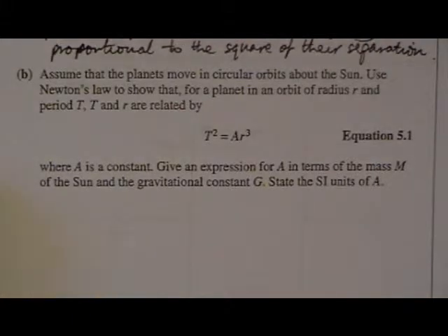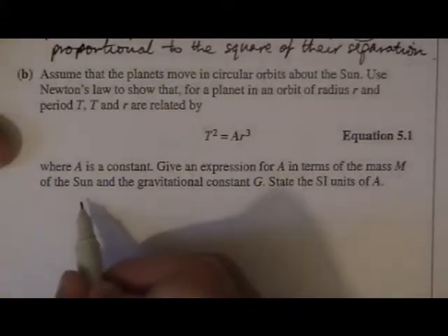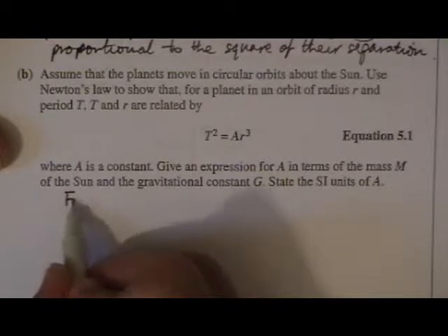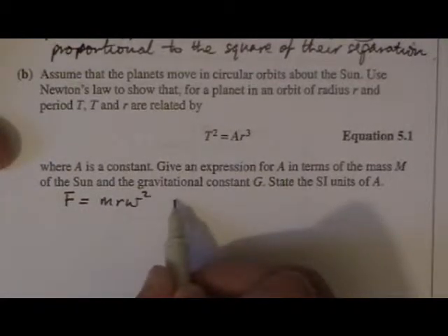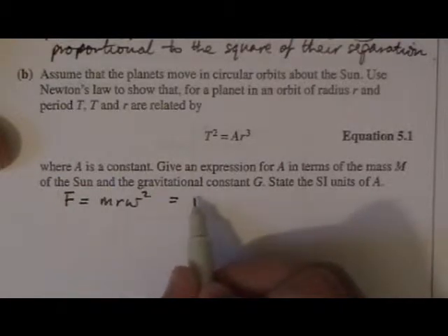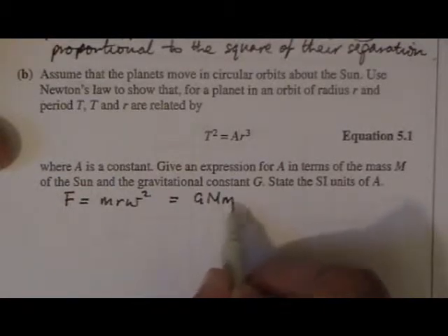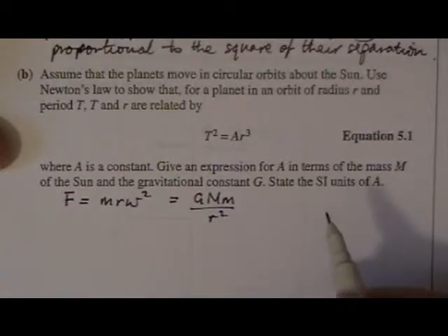First of all, we have to say that there's a centripetal force F equal to m r omega squared, and that is equal to G M m over r squared.